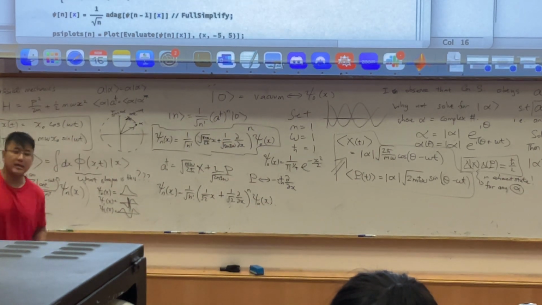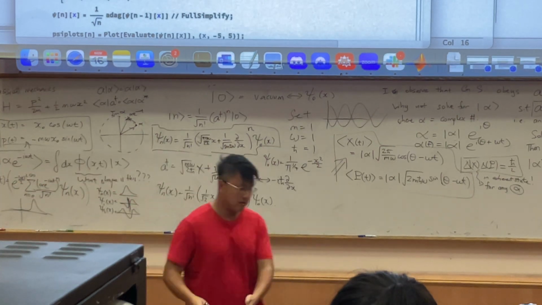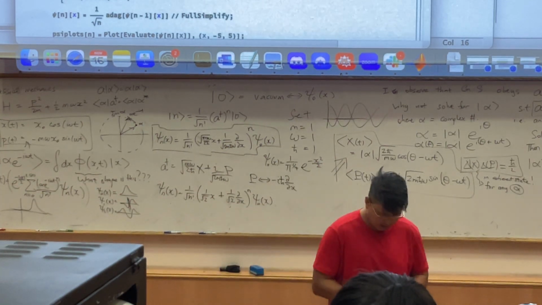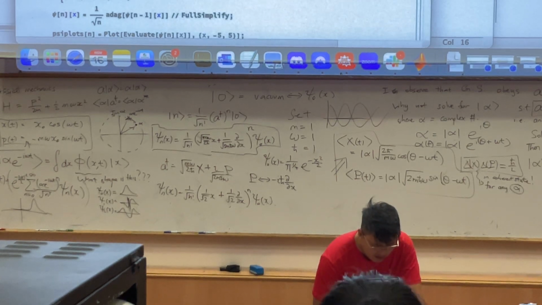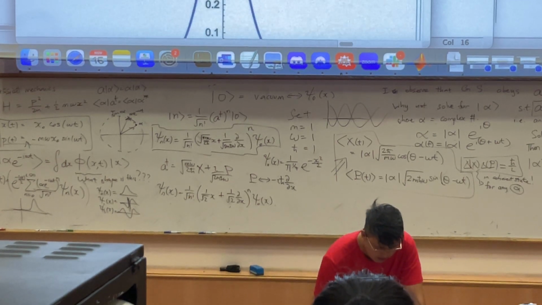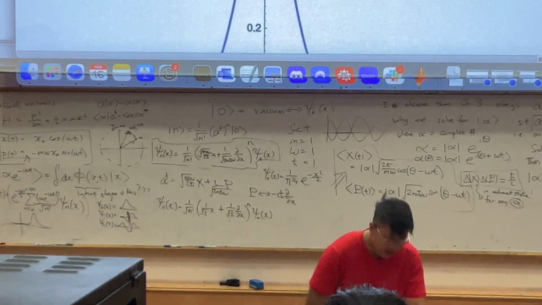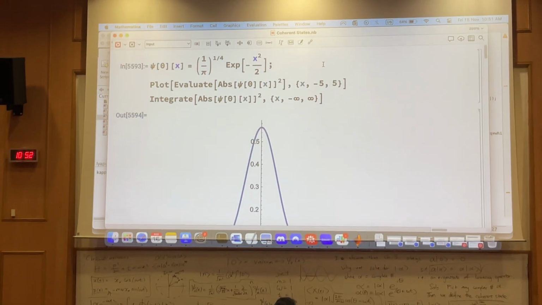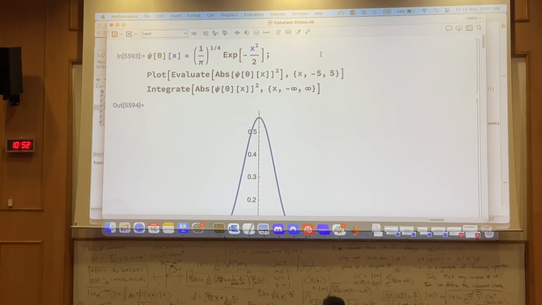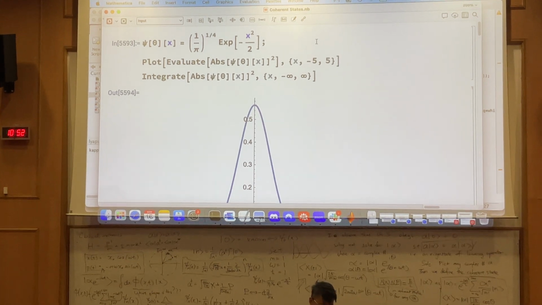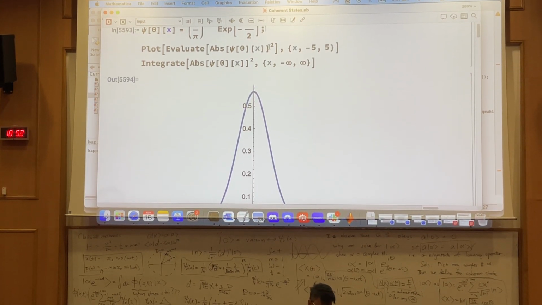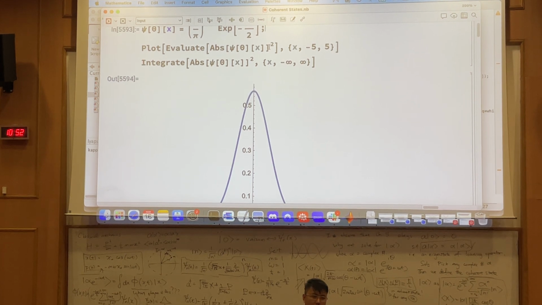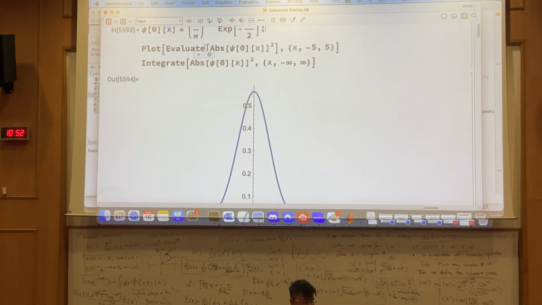Okay, so first let's see that happen. I've already done the calculations, but let me just run them through with you. Okay, so here's what's happening. First, I define psi 0 of x. That's the first line. And then I just want to see visually what it looks like. So I'm going to plot the absolute value, mod square of it. I had to tell the computer that evaluate is a function.